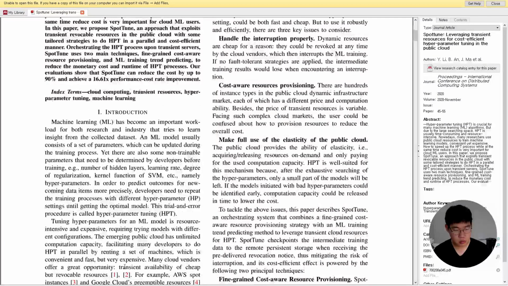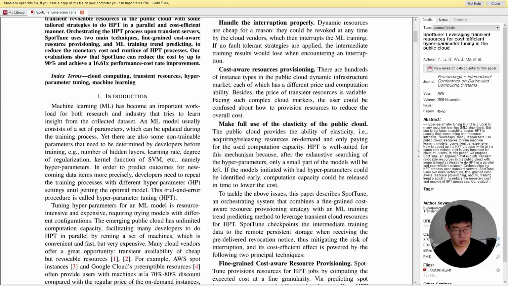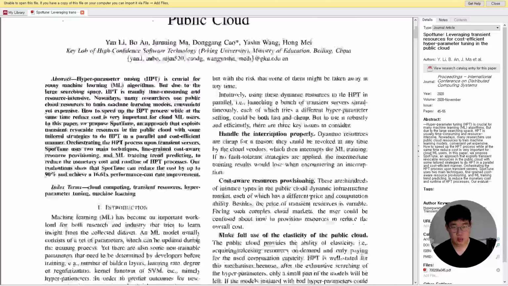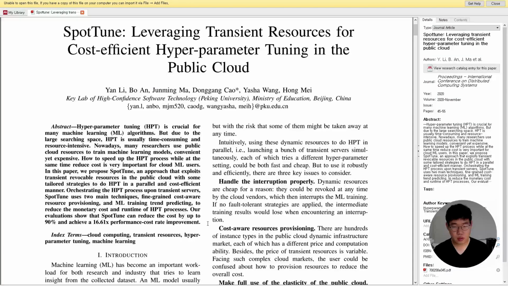Many cloud vendors offer a great opportunity: transient availability of cheap but revocable resources, for example, AWS Spot instances and Google Cloud preemptible resources. They often provide users with a machine at a 70% to 80% discount compared with the regular price of on-demand instances, but with the risk that some of them might be taken away at any time.